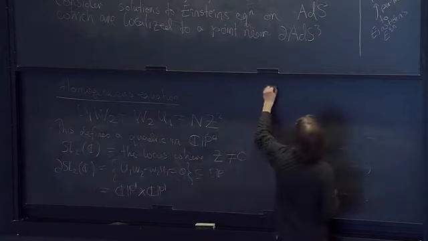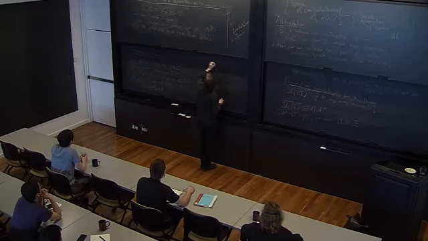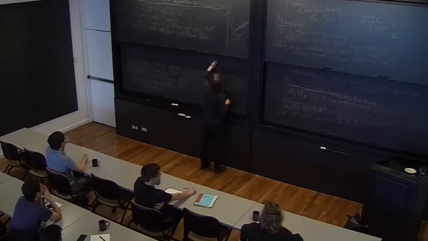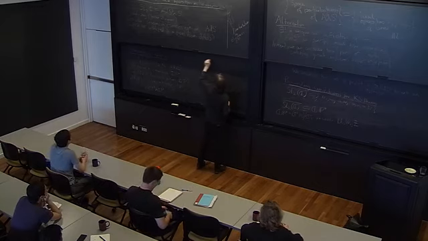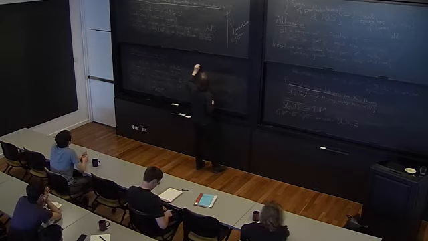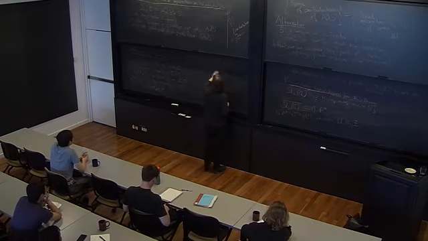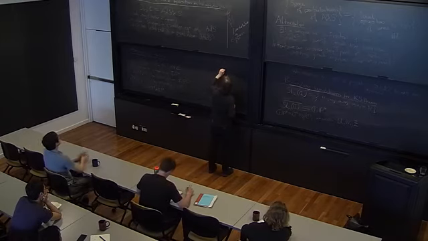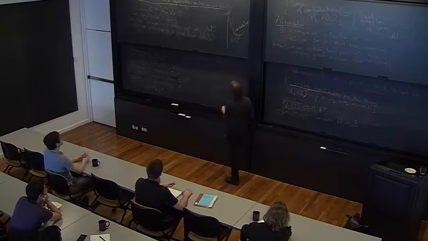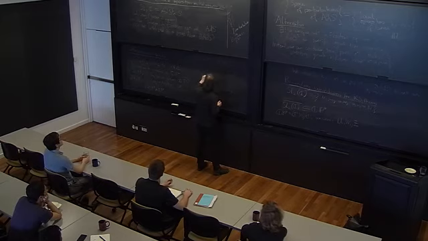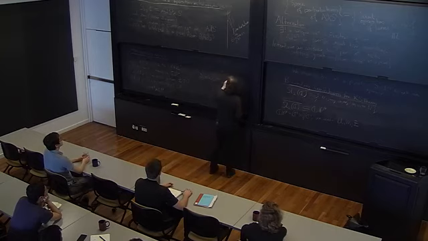So SL2 is like Euclidean ADS3, we'll call this H3, times S3. Boundary SL2 is CP1 times CP1. So what's happening, whereas the boundary of H3 times S3 will normally be taken to be S2 times S3.